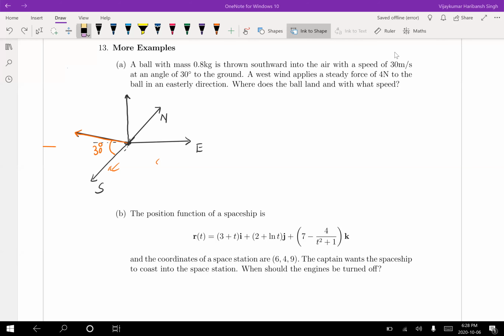So let's take this as the direction of I, this be the direction of J, and then by the right hand rule, this is the direction K. And now what we get is the following. So what is the force acting on the ball? The force acting on the ball is forces.